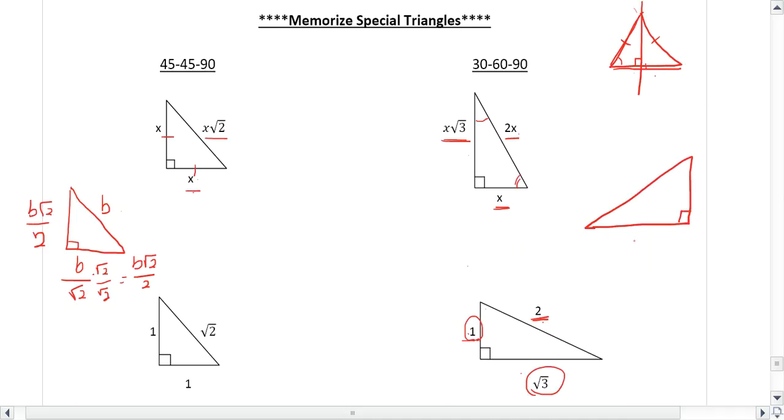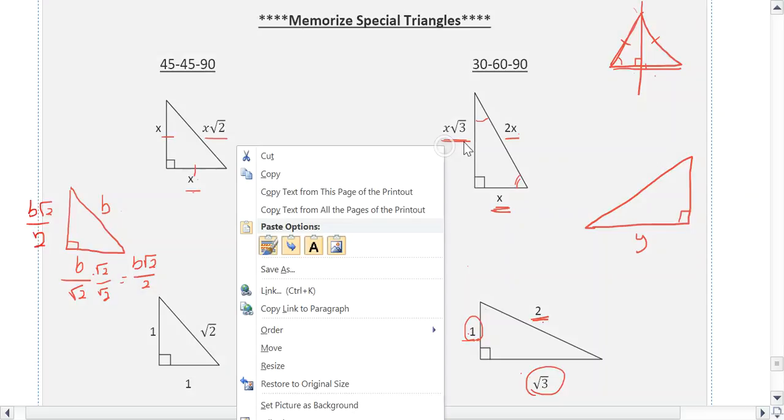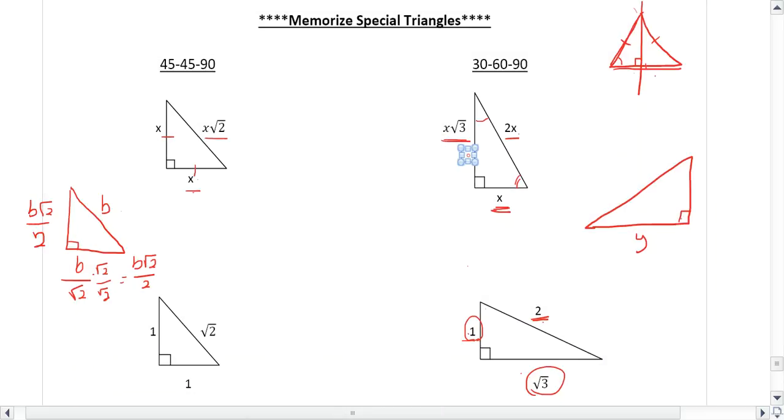Let's say they gave us this long leg and they said this is y, whatever that number is. Well, if you go from the short leg to the long leg and you multiply by square root 3, when you have the long leg and go to the short leg, we would be dividing by square root 3.